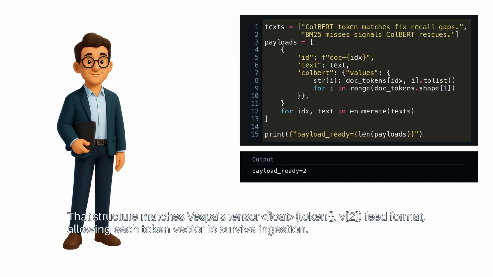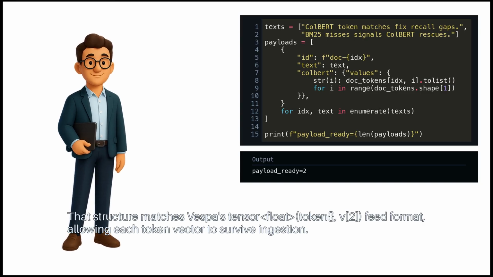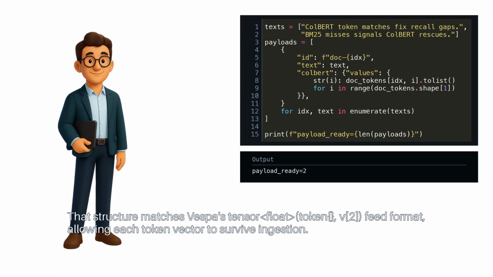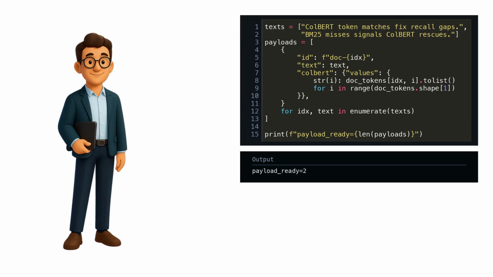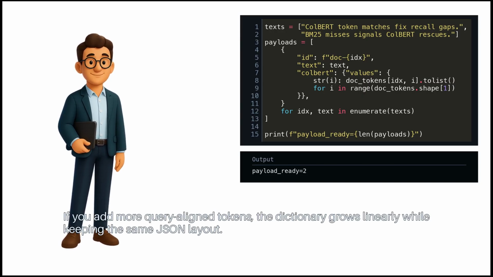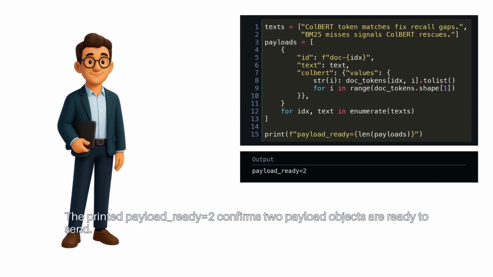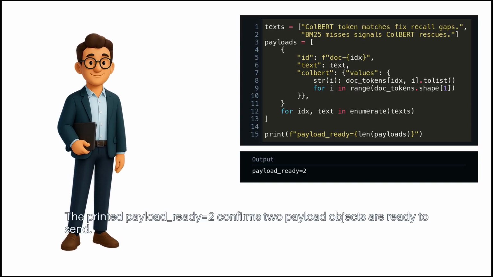That structure matches Vespa's tensor<float>(token{}, v[2]) feed format, allowing each token vector to survive ingestion. If you add more query-aligned tokens, the dictionary grows linearly while keeping the same JSON layout. The printed payload ready equals 2 confirms two payload objects are ready to send.